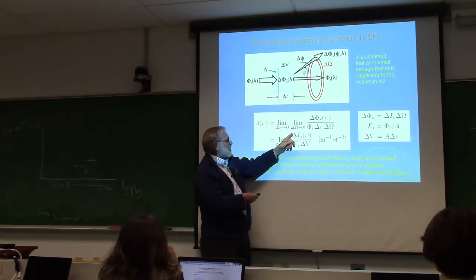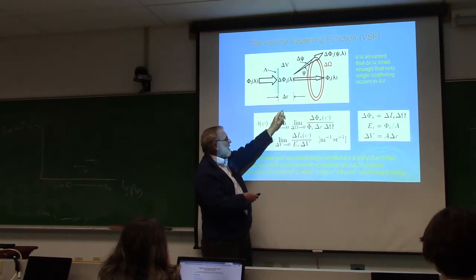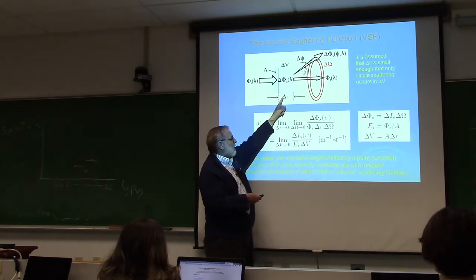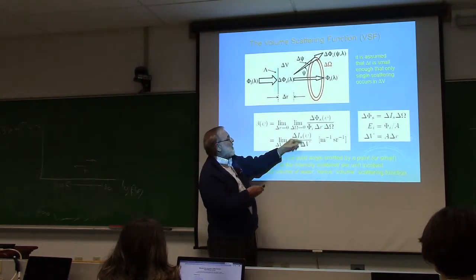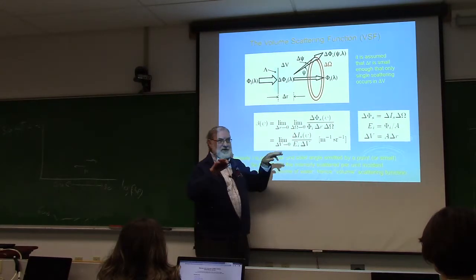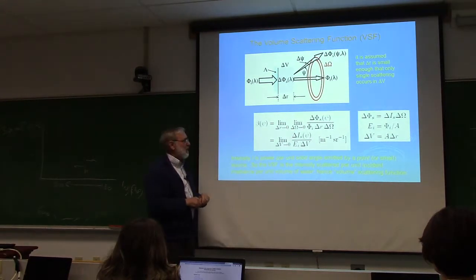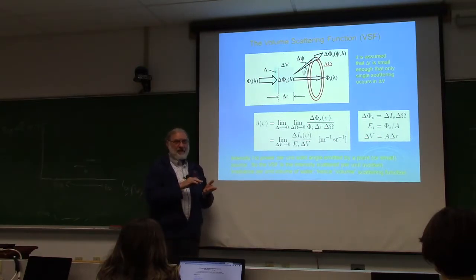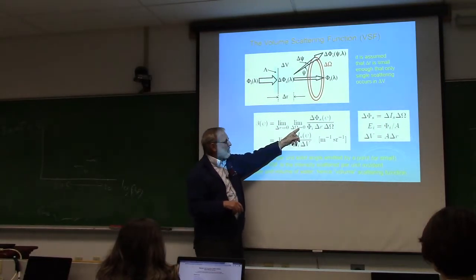The mathematicians like to say, in the limit that you have a very thin region and in the limit that you have an infinitesimal solid angle, then that's the mathematical definition of volume scattering function. And you'll often see in literature there's a conceptual definition, which would be taking the limits.